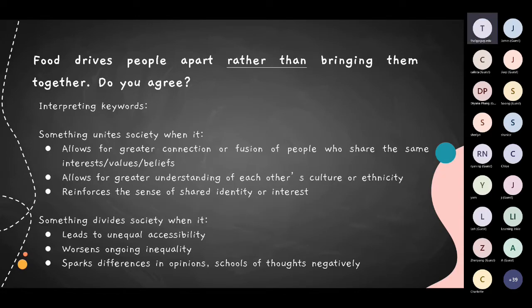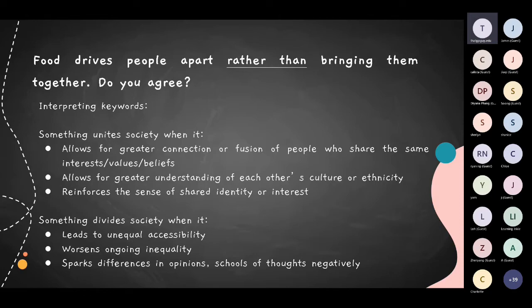Okay, divide and unite. So what is divide and unite? Something unites society when it allows for greater connection, or fusion, of people who share the same interests, values, or beliefs. It allows for greater understanding of each other's culture and ethnicity, and it also reinforces a sense of shared identity or interest. So all these points show that there's unity coming along.